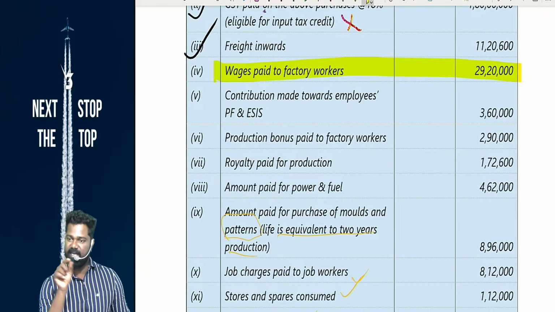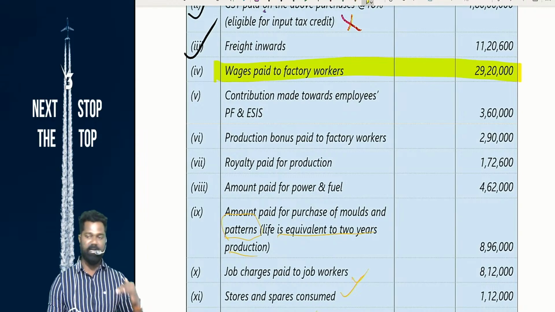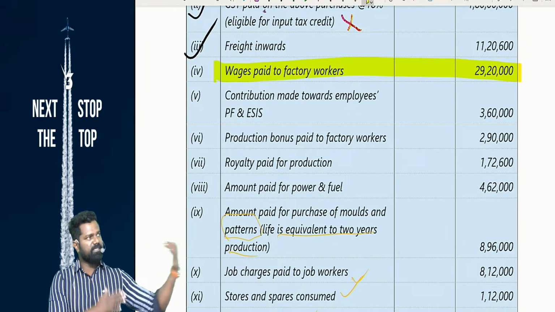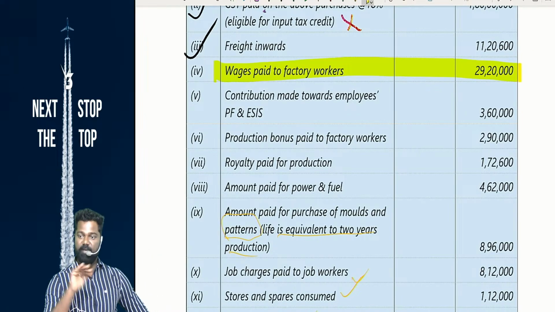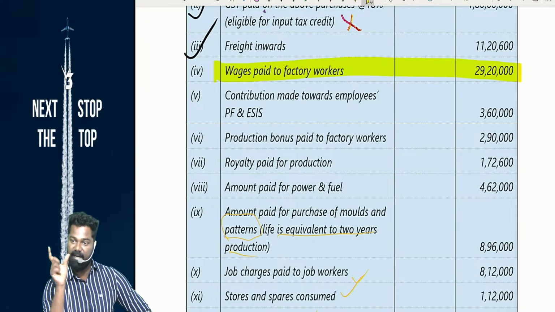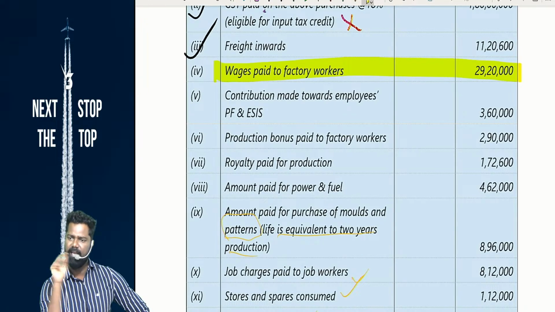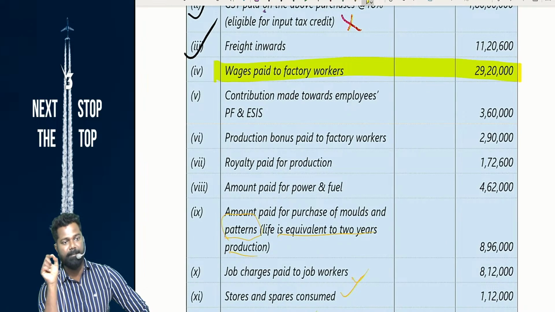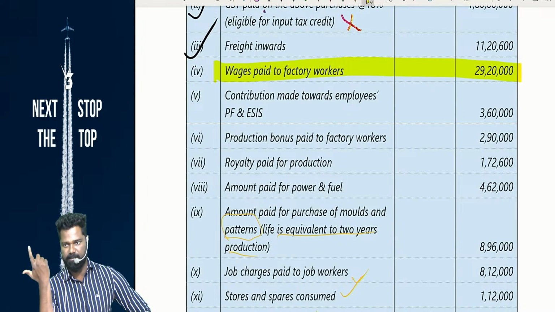Here, since there is ESI, I feel that ESI is generally paid to low cadre people, so I feel it is related to labor, and I'll put it here. If you feel it is administrative and relating to employees, then you can put it there and put a note: it is assumed that ESI is being paid to employees.